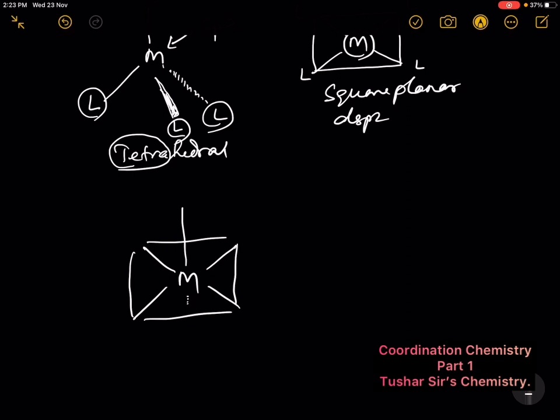This is octahedral. We can draw like this also.